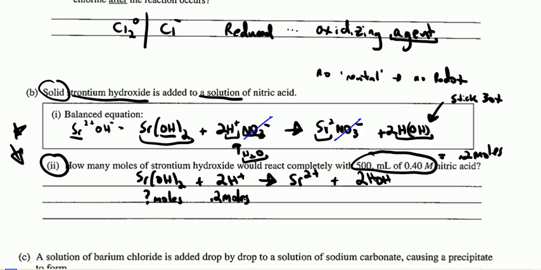Okay, this is actually really simple if you look at it. For every 1 mole of strontium hydroxide, you need double the amount of acid, of H plus. So if you have 0.2 moles of acid, H plus, I'm going to give you guys about 10 seconds to figure out how many moles of strontium hydroxide you would need.